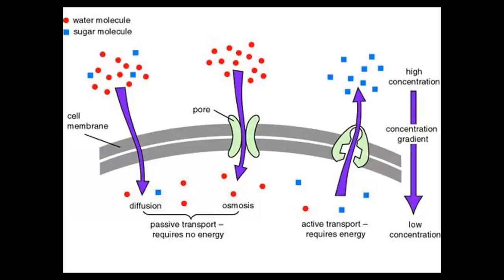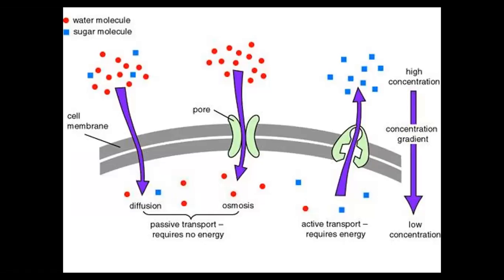So we've got an image of a cell membrane. We've got different ways of different molecules getting in and out. So we've got water molecules and sugar molecules. One way that water can get in is through diffusion. Diffusion is passive and it requires no energy. So sugar can get in that way, water could get in that way.